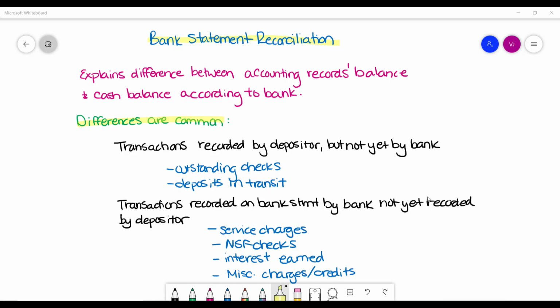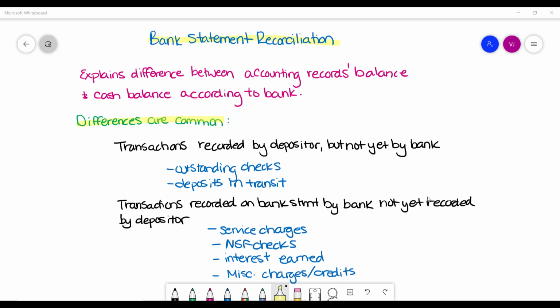So keep in mind these are two entities keeping track of that entity's available cash. The company's own cash account is its record of how much cash the company has, whereas the bank statement sent to us by the bank is the bank's last known record of how much cash the company has available in its checking account.